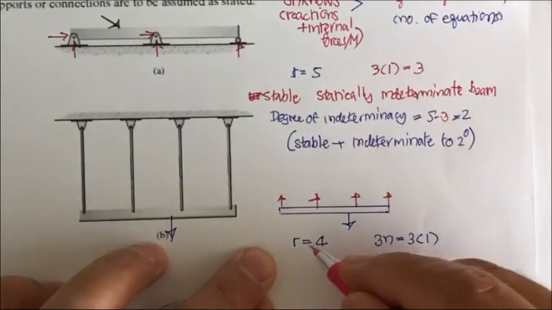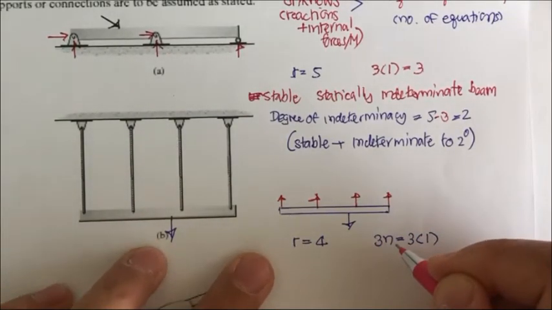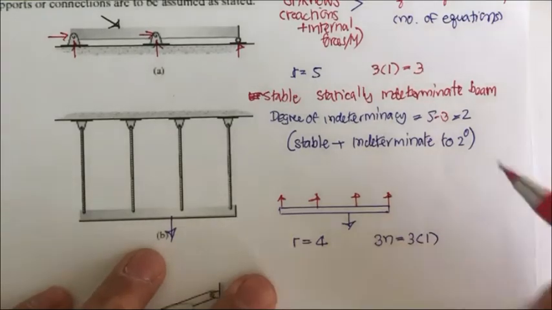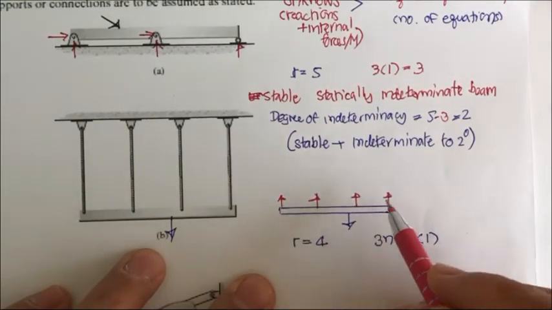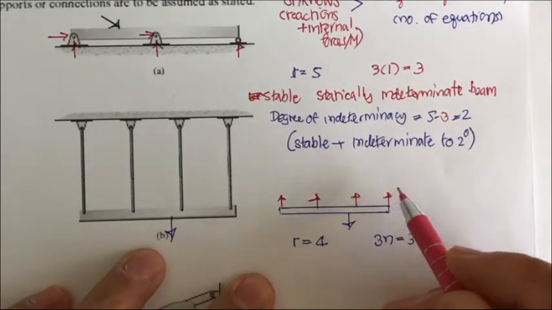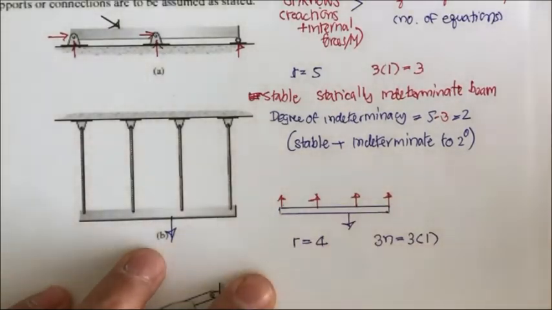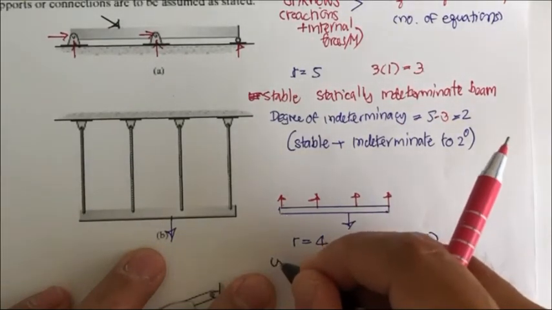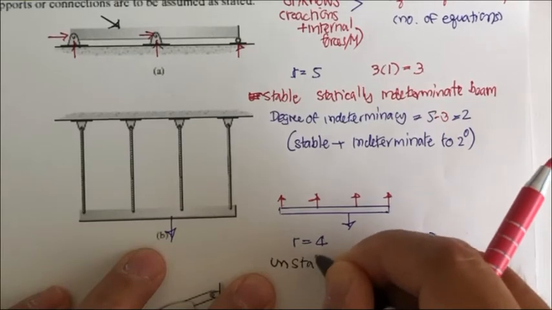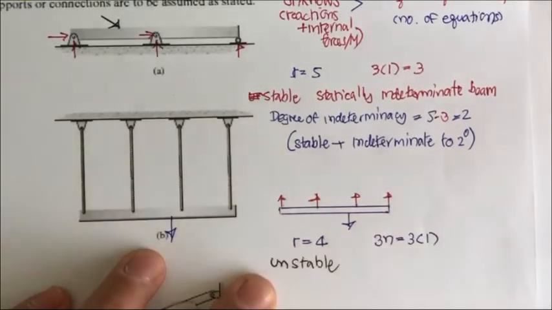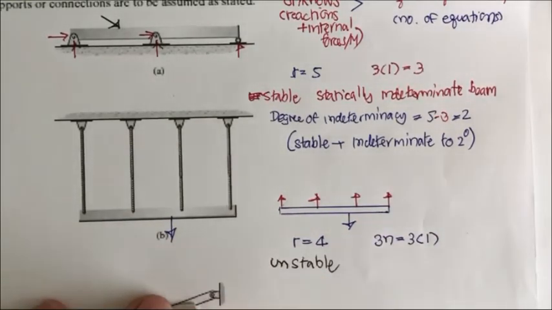Even though we have R larger than 3n, the reactions are all parallel, so this structure can be classified as unstable even though R is larger than 3n.